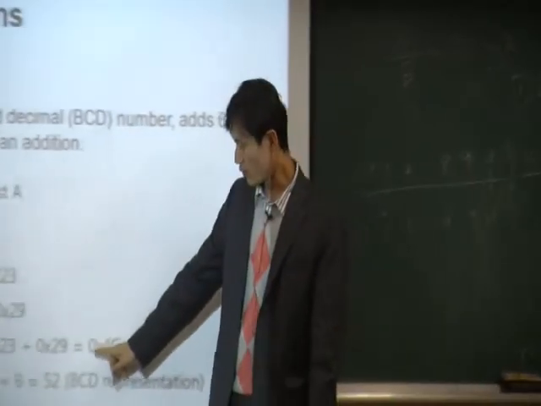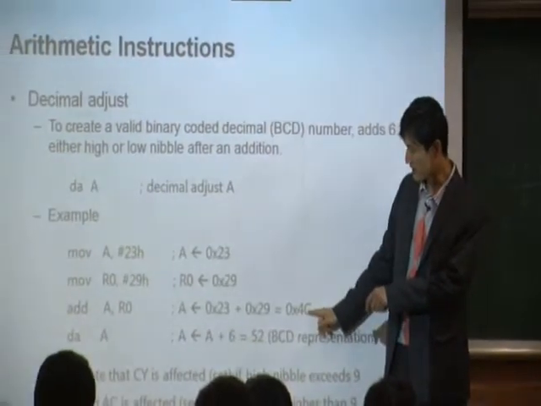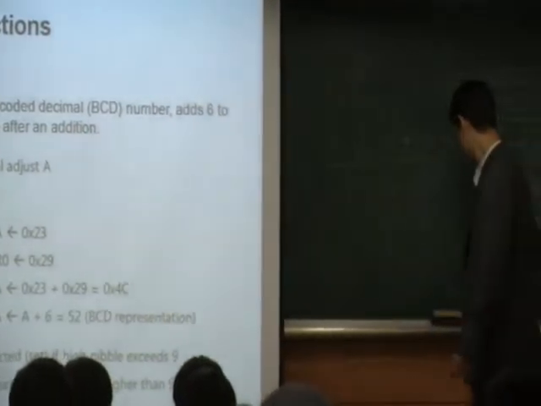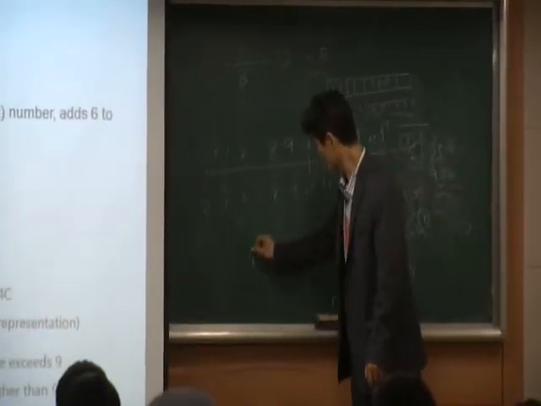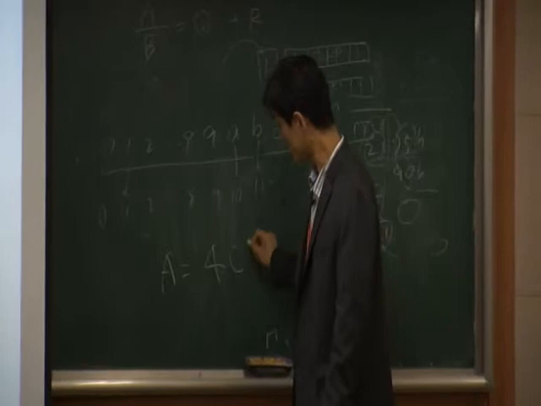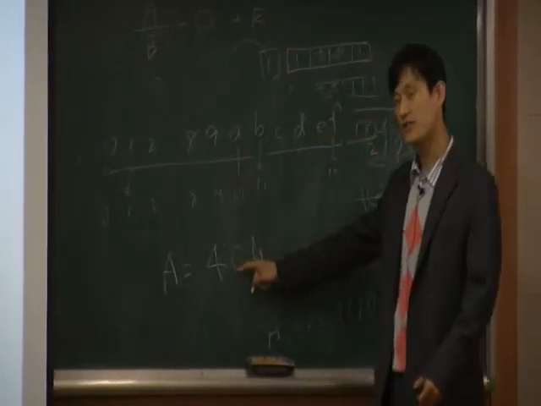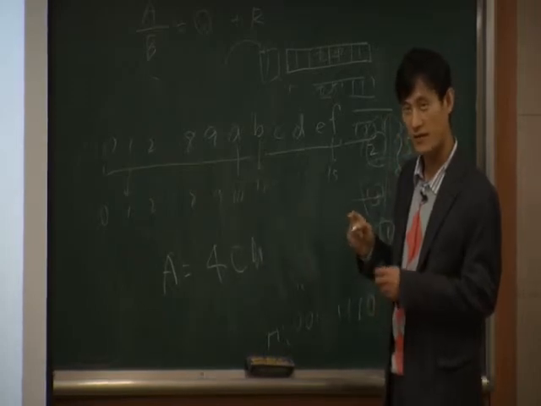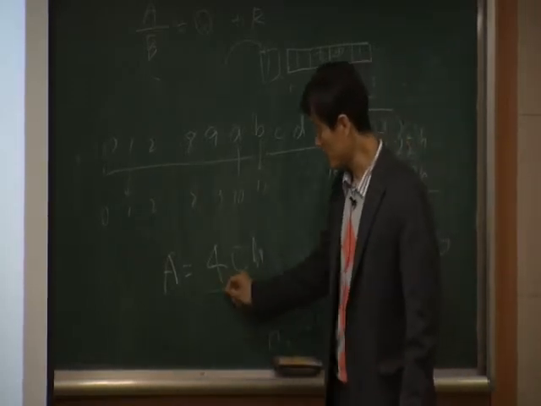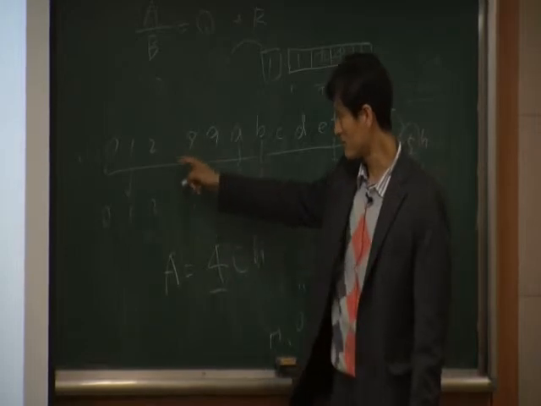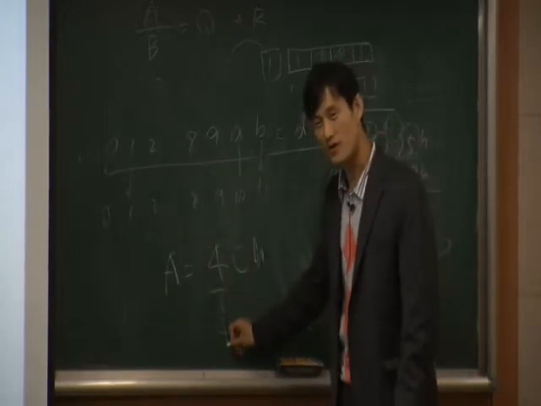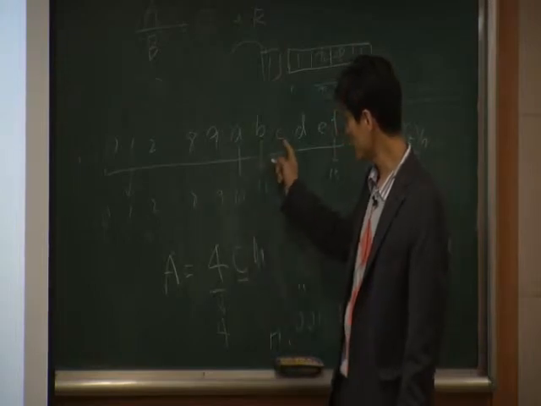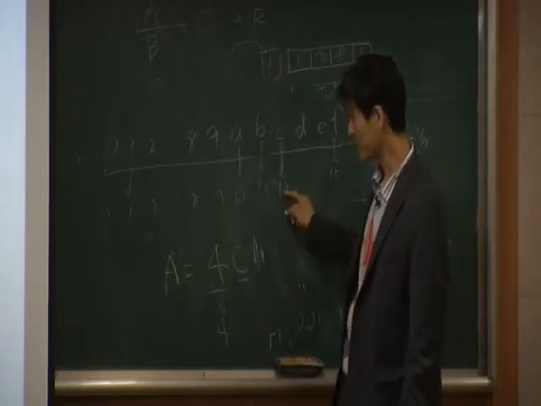So here we have a value 4C hex in A. Let's change this hexadecimal representation to BCD. This is 4, which is okay, so BCD is still 4. C, hex C, is 12 in BCD.